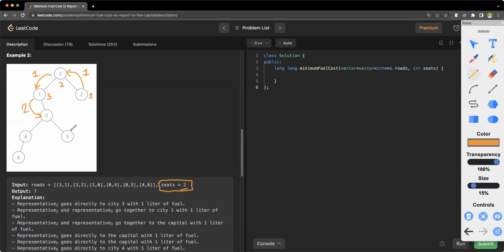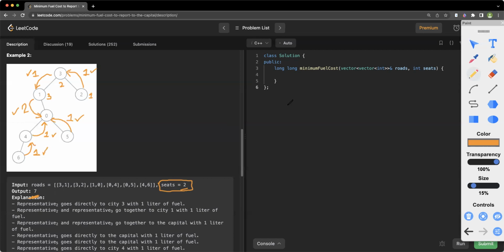Then from city 5, 1 representative can sit in his own car and come to city 0 at cost 1. And the representative from 6 comes to 4 at cost 1 in his own car. Then 4 can sit in 6's car and both can travel to 0. The cost will be 1. So what will be the total cost? 1 plus 1, 2, 2 plus 2, 4, 4 plus 1, 5, 5 plus 1, 6 and 7. So the minimum cost is 7.